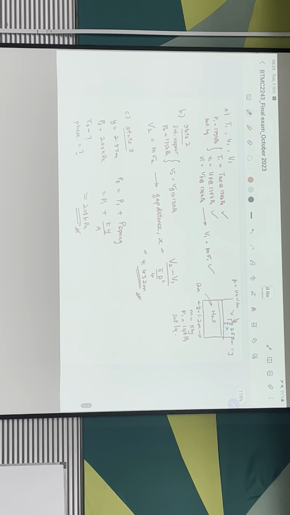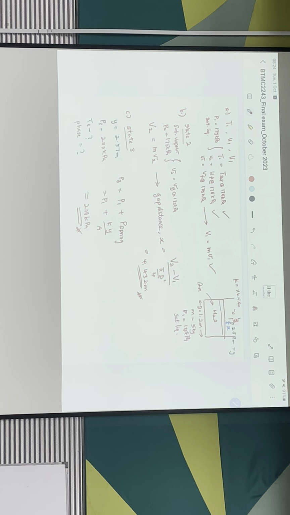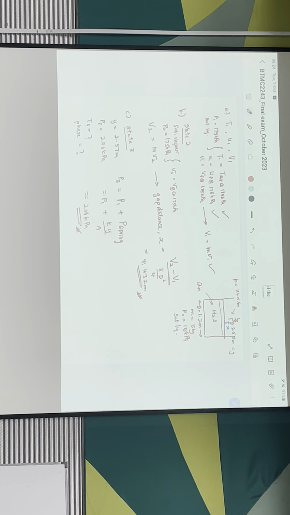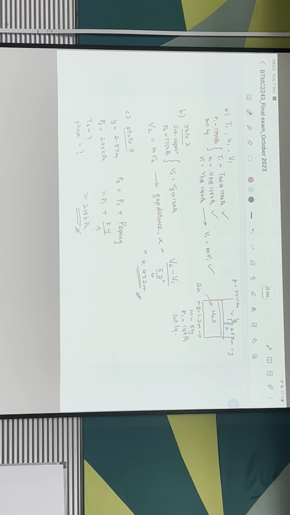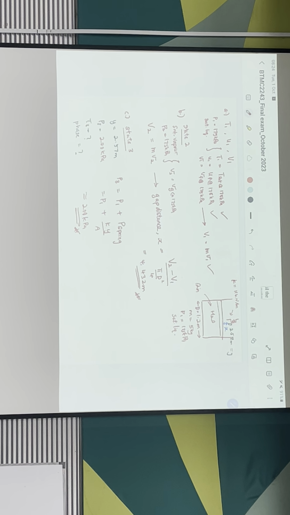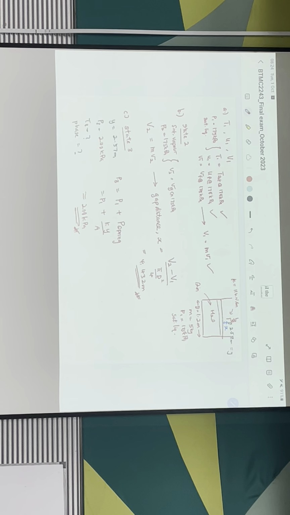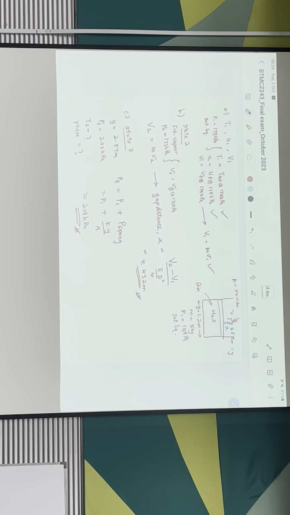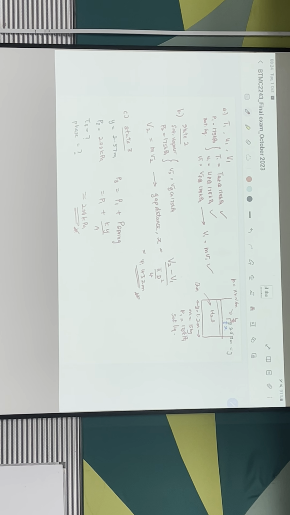So what can you give? What can give you the second property here? The answer here is the same thing that you have been doing in A and B, meaning volume.